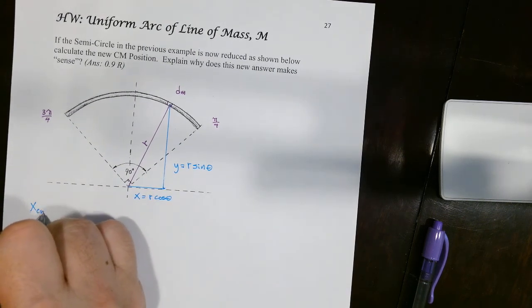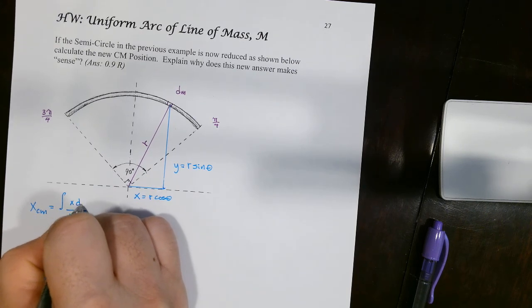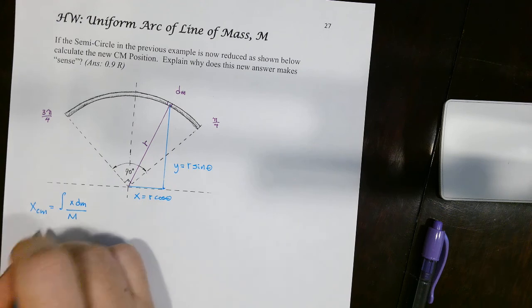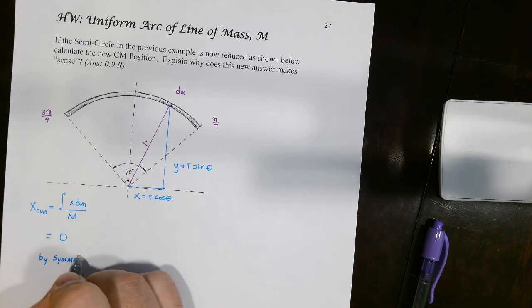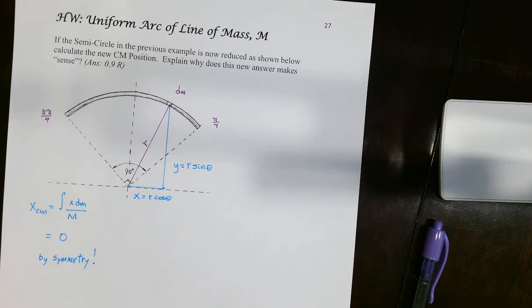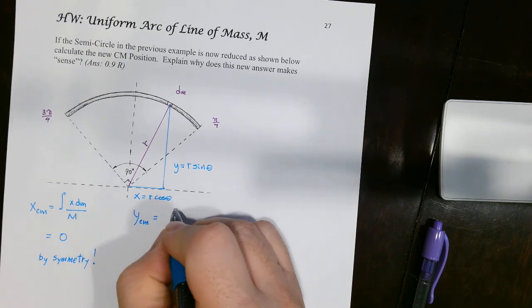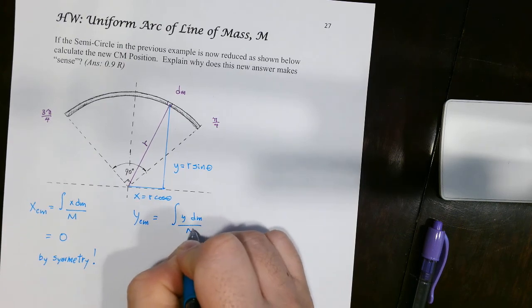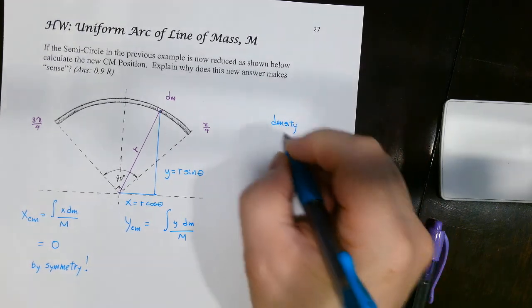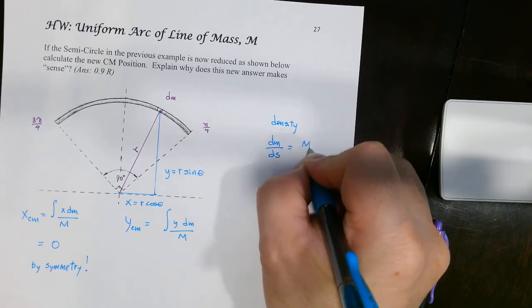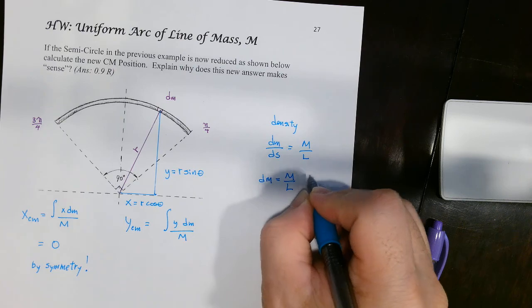So again, X of cm. Let's do the Y. Again, the density: dm over ds is equal to m over L. dm is equal to m over L ds.